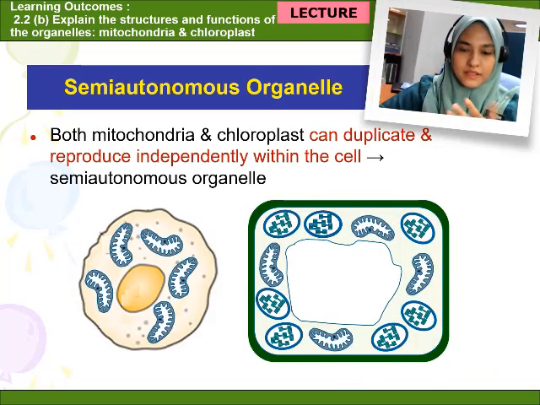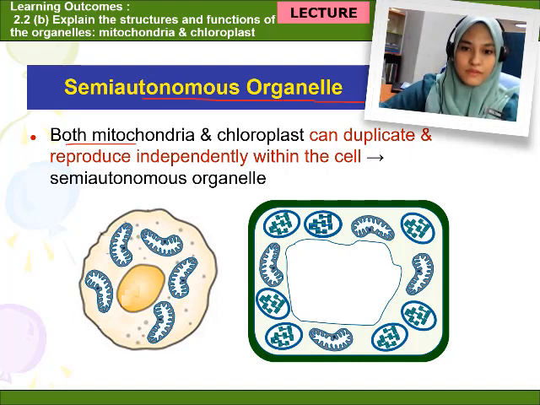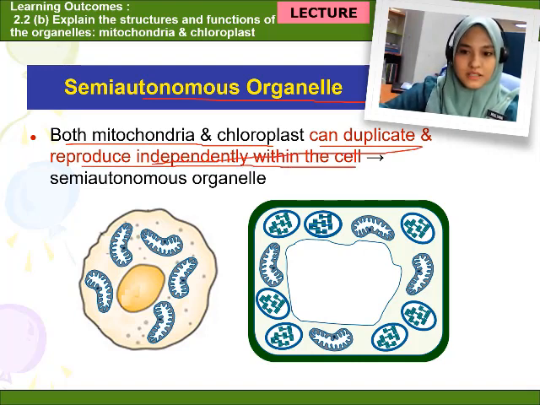If you realize, in the previous slides where we discussed the mitochondria and chloroplast, there are some similarities between the two organelles. One similarity is that they are semi-autonomous organelles, which means both of them can duplicate and reproduce independently within the cell. Because they have their own DNA, they can produce their own protein, so that's why they can reproduce independently.